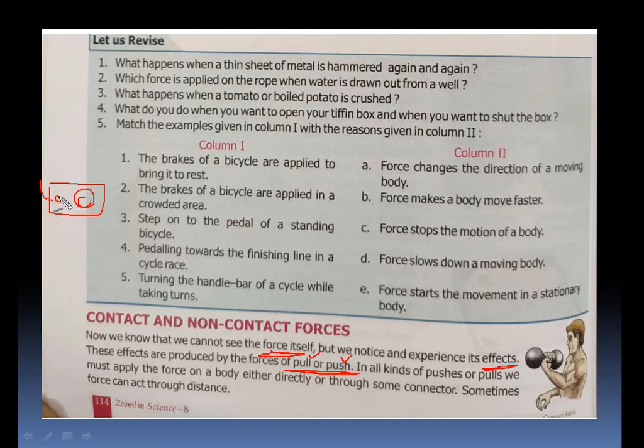The striker will carry the force or carry the energy that is given by you, and the energy will be transferred to the dots, so the dots will move. So basically the force or the energy that you have applied on the striker will transfer to the dots indirectly.